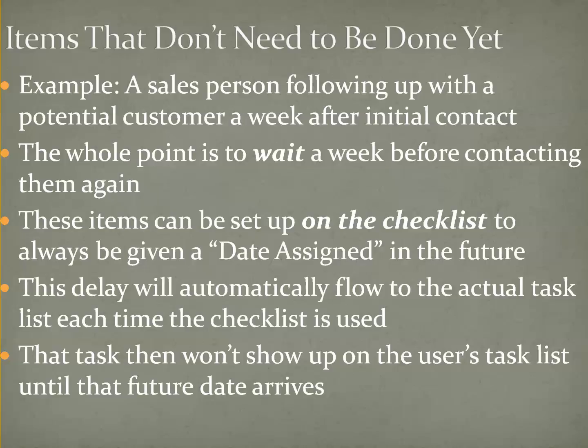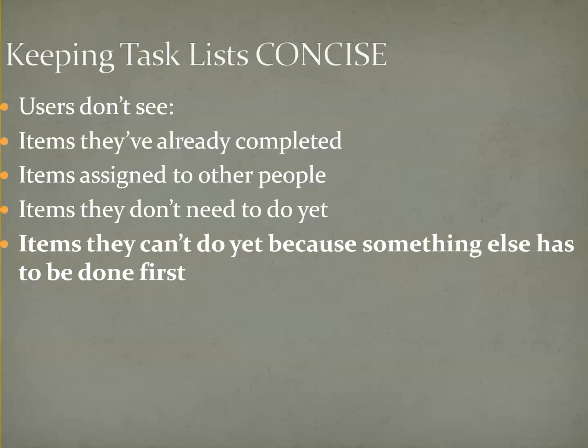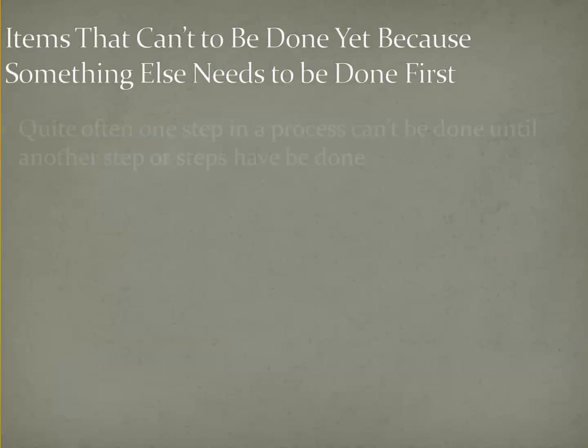Remember, we said we're going to keep their task list concise, only what they need to do at that time. So users aren't going to see items that they've already completed, items assigned to other people, or that they don't need to do yet. The last item, they're also not going to see items that they can't do yet because something else has to be done first.